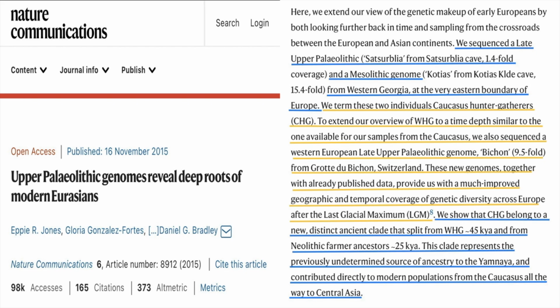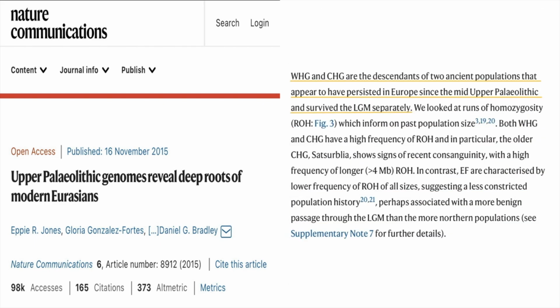We show that Caucasus hunter-gatherers belonged to a new, distinct ancient clade that split from Western hunter-gatherers 45 KYA and from Neolithic farmer ancestors 25 KYA. This subclade represents the previously undetermined source of ancestry to the Yamnaya and contributed directly to modern populations from the Caucasus all the way to Central Asia.